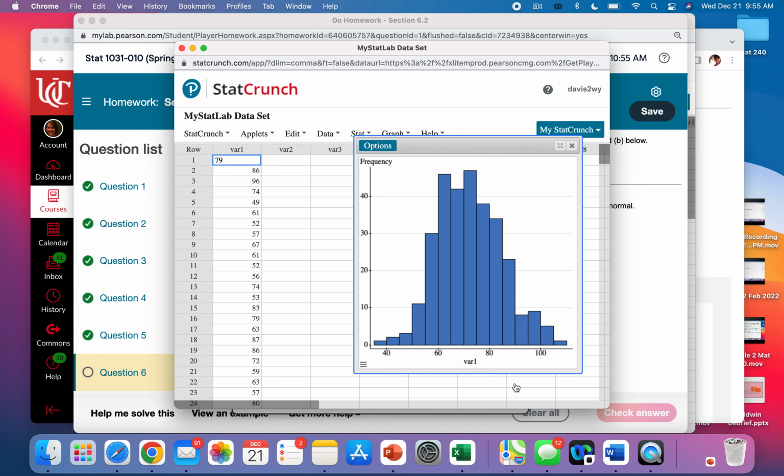See how it sort of forms a bell curve? Mostly looks like a bell curve, where most of it's in the middle and then it tapers off at the ends. What that means is most of the data is in the middle, and the further you go away from the average, the less likely that's going to happen.